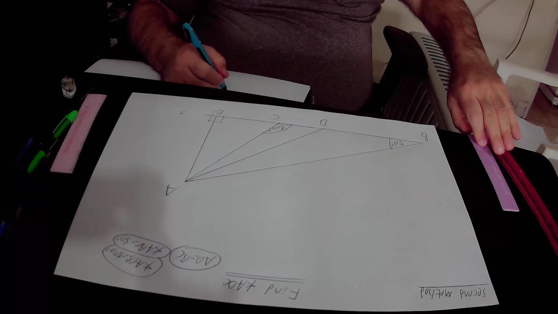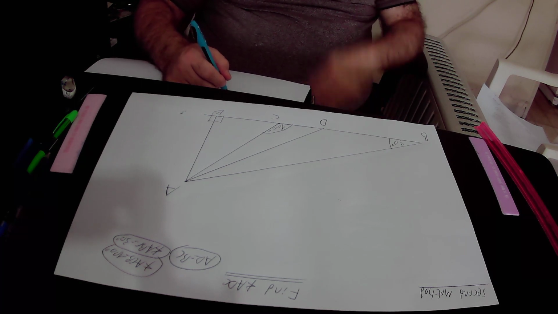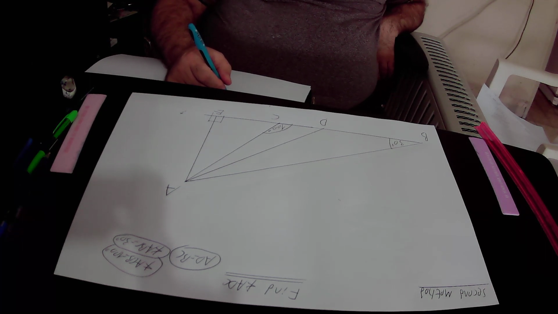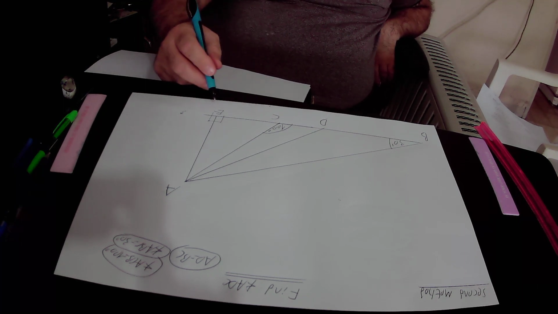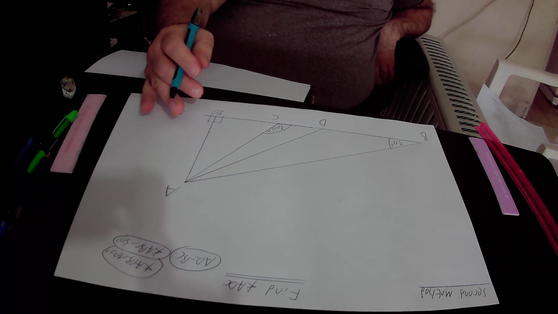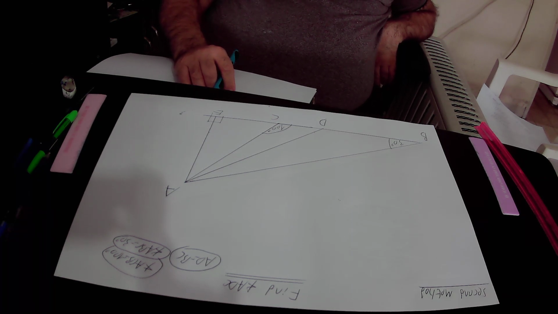And actually, we know that BC is a straight line because it's one side of triangle ABC, and we extended the straight line BC, therefore BE will still be a straight line. So, we know that BE is a straight line.